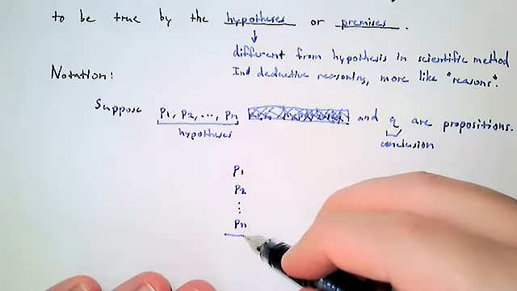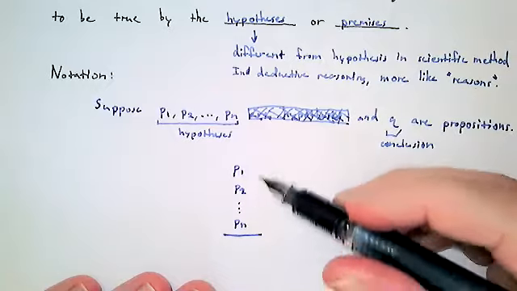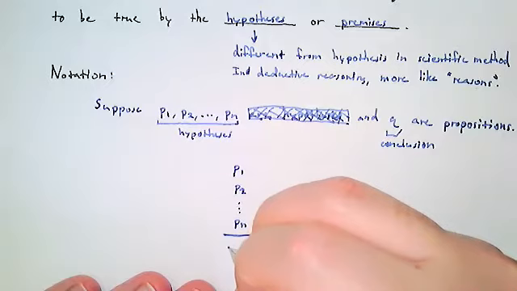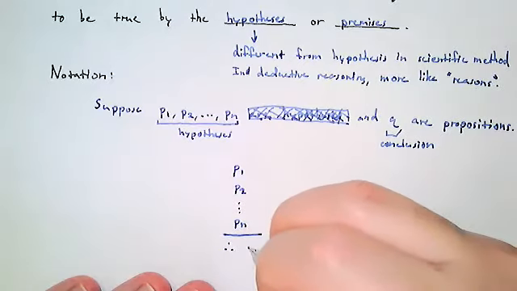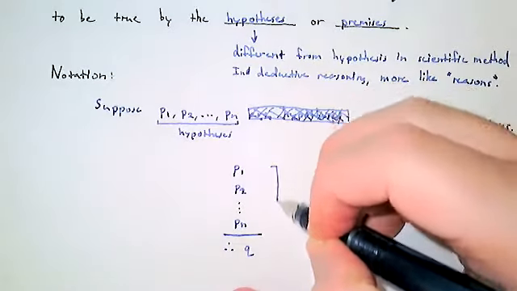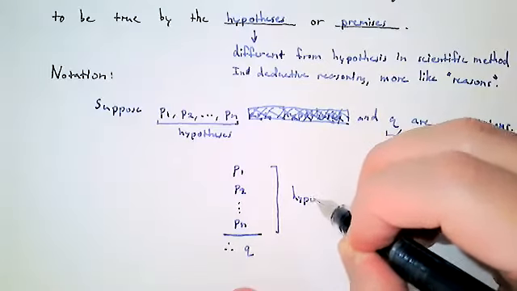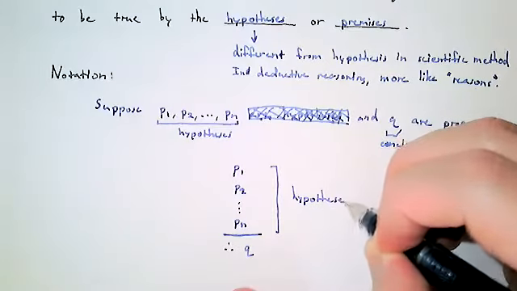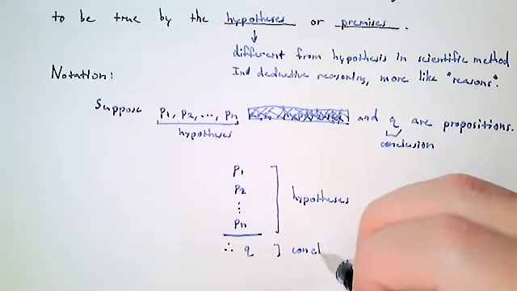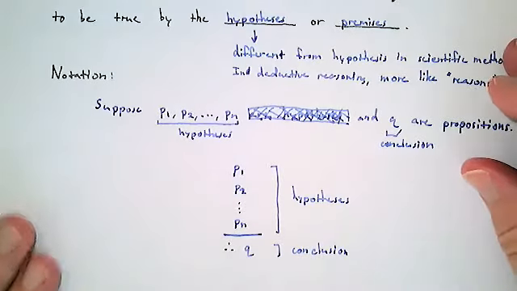But when we're using symbols, we like to put a horizontal line to make a distinction between our hypotheses, and then our conclusion goes directly below here. So this is the symbolic structure.